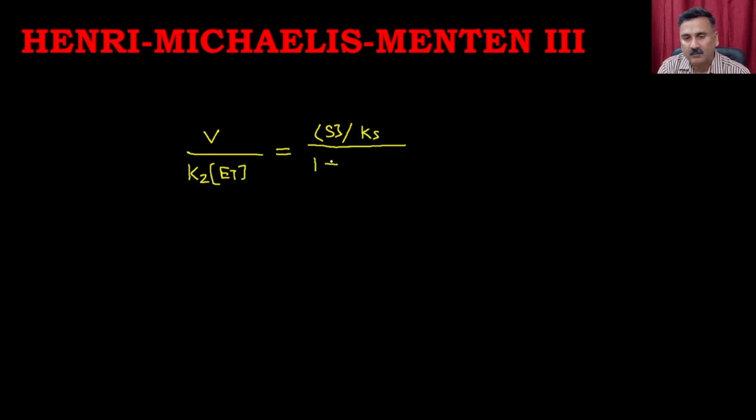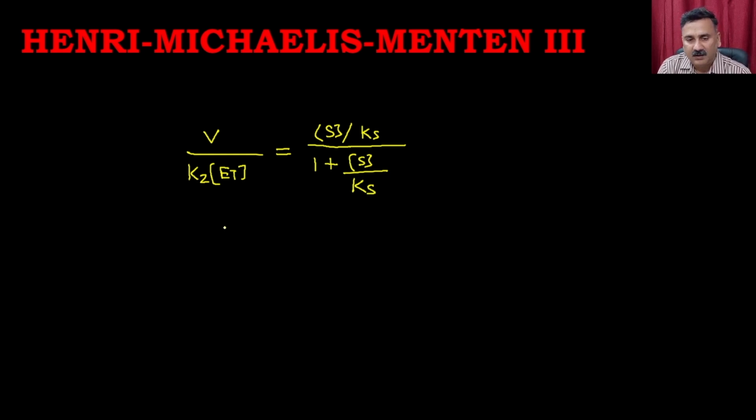Now, once you have this, you can say V by K2 ET, if you cross multiply both sides by K2 and cancel out E on the right side, is equivalent to S by Ks divided by 1 plus S by Ks, okay?